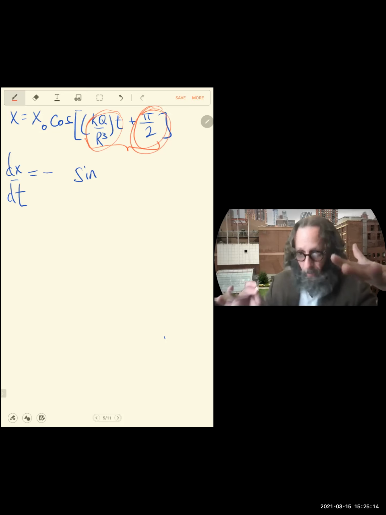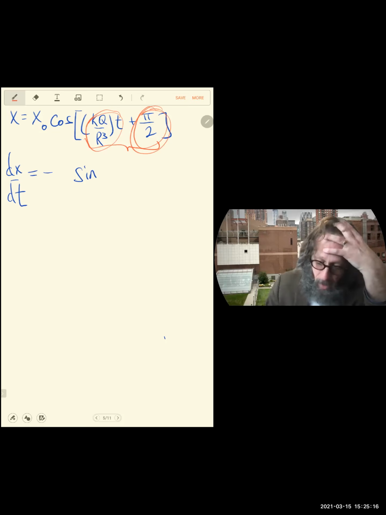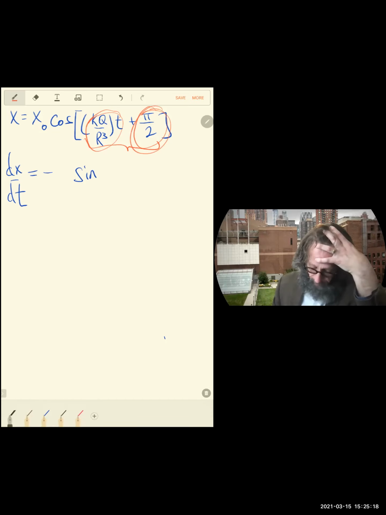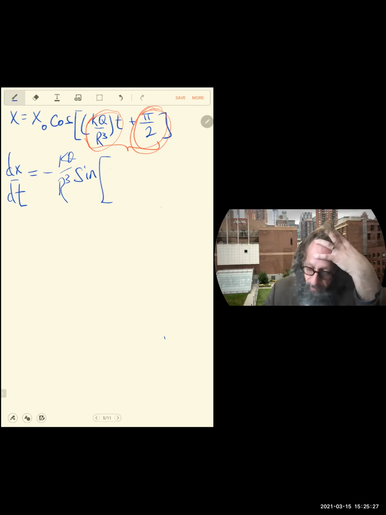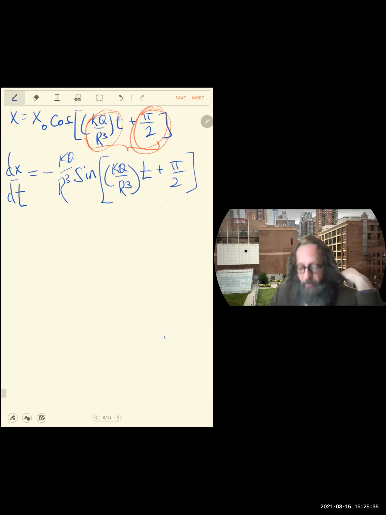And I know we've seen this, but by chain rule, the kq over r cubed comes out, like I do have to deal with that. So this is me taking one derivative with respect to time of that cosine function.